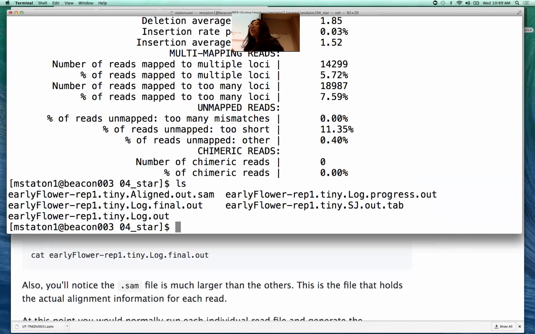So we have to convert the SAM file to a BAM. The BAM is a binary file, which is much smaller, and it's easier to deal with. So we are going to use SAMtools to convert the SAM file to a BAM file.